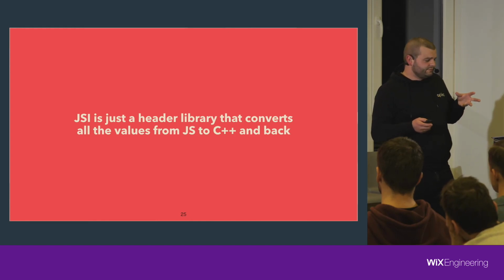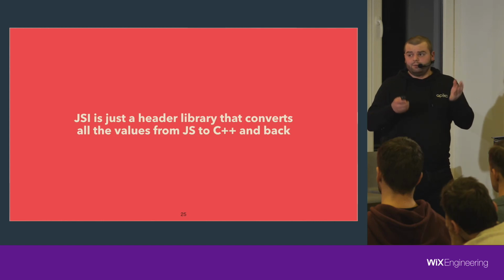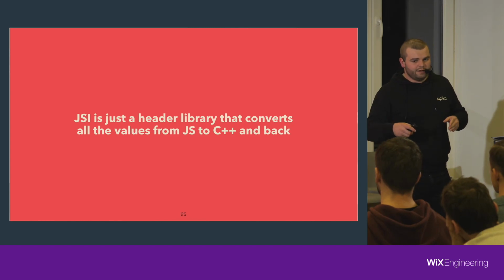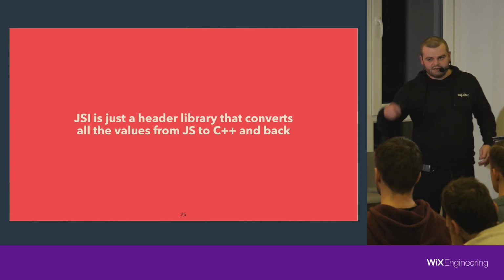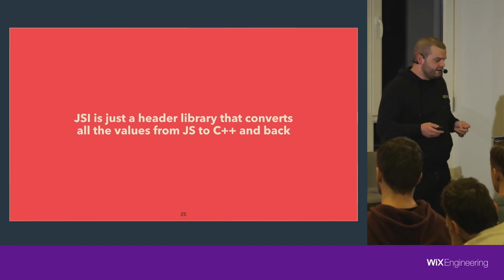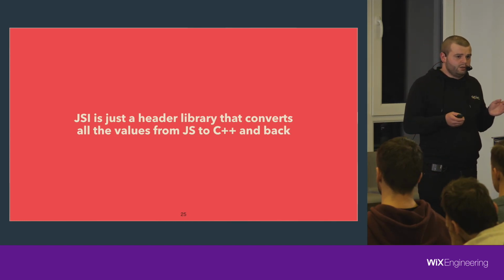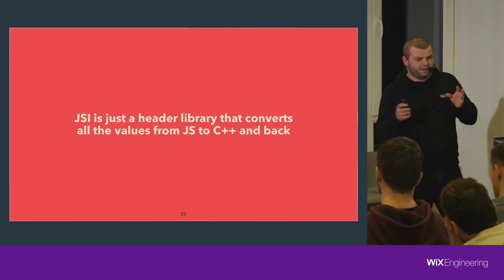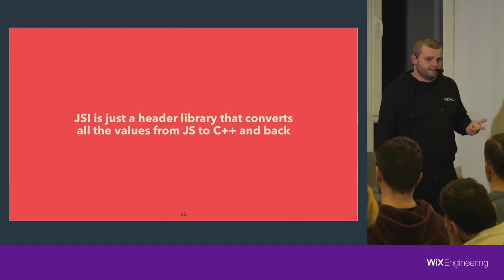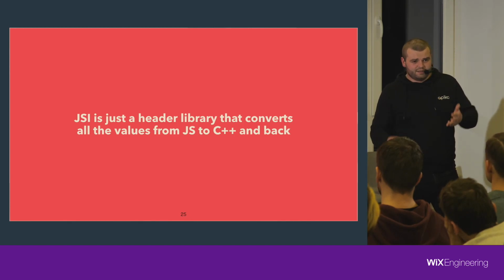But you can read more in Christian's article, the JSI challenge article, which explains in detail how it works on the iOS side. But I'm going to talk about Java, and if you're not familiar with Java, you're still familiar with some of the concepts like variables, methods, classes, maybe some callbacks, and that's it.